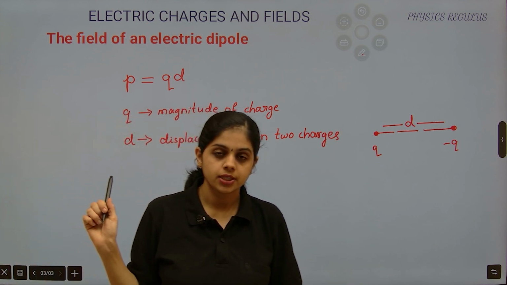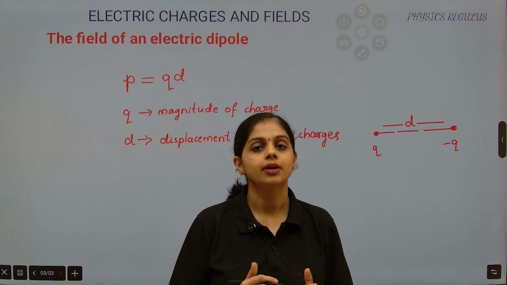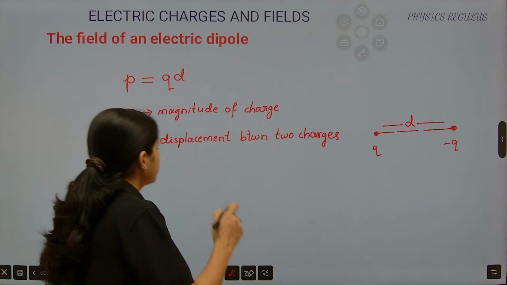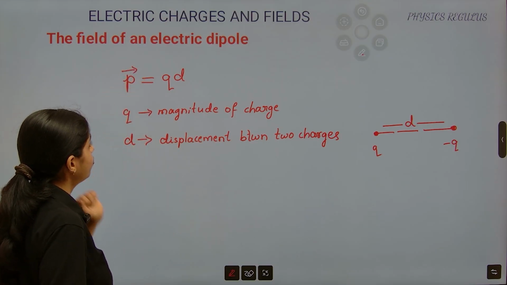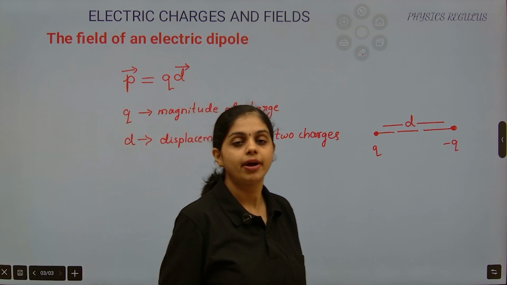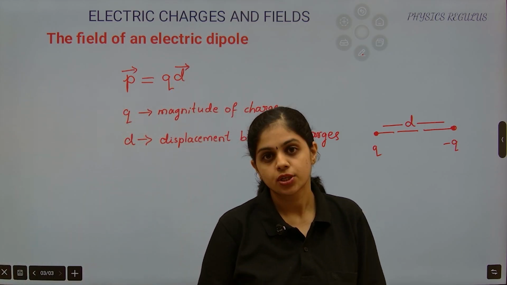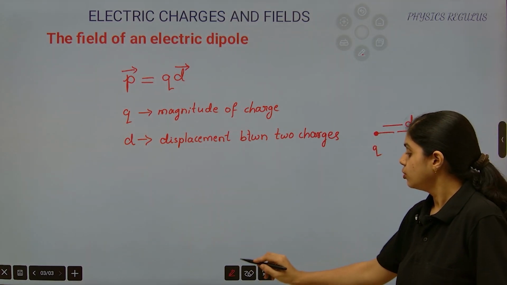Here, dipole moment is a vector quantity. It has magnitude and also direction. The direction of dipole moment follows the direction of displacement. By convention, the direction of displacement is taken from negative charge to positive charge.